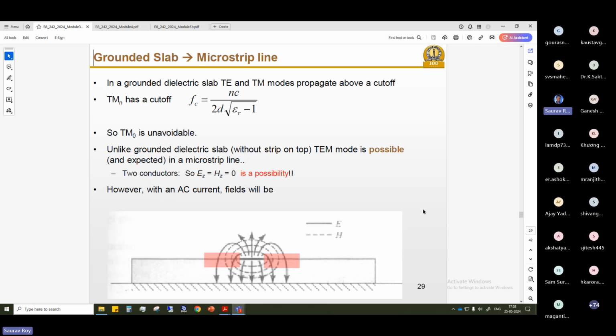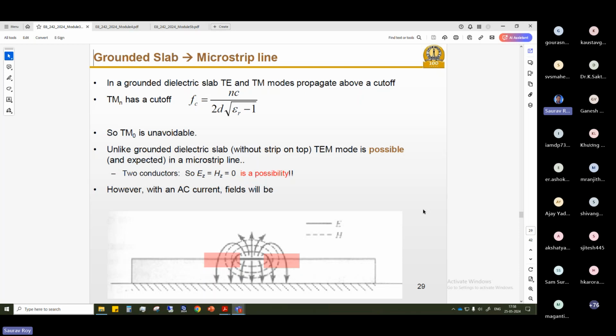To propagate the wave, or equivalently a current, we need to have a forward path as well as a backward path. That is only possible when you have two metallic lines, right? So that is why you have it in a coaxial line or microstrip line.